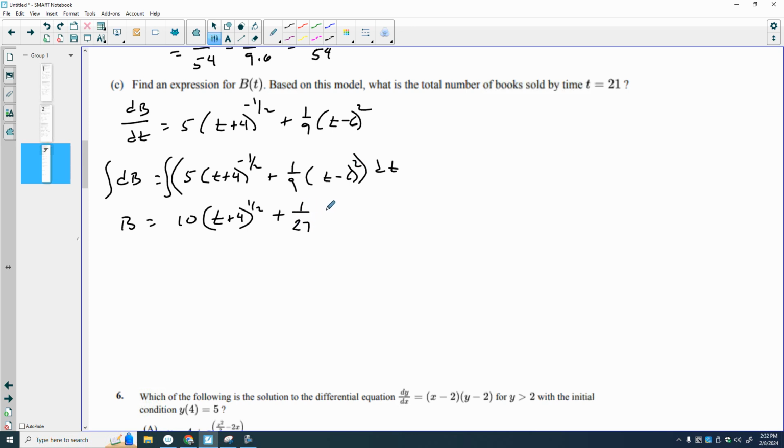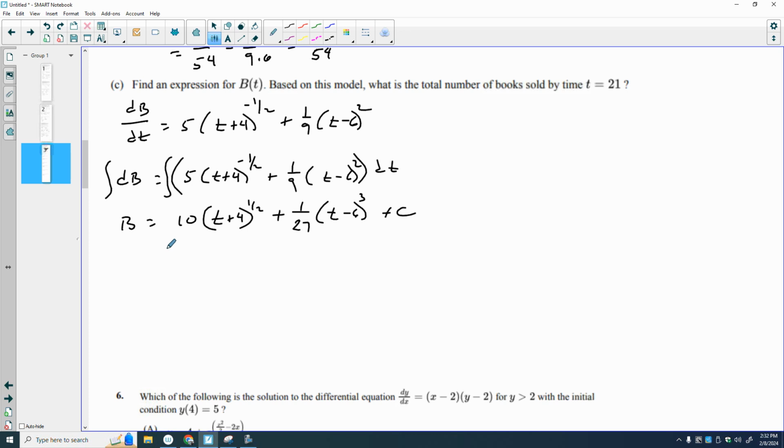Dividing by 3 is multiplying by a third. Leave the inside function alone. Raise the exponent to a 3. Like we said in class, that seems like that's cheating, but it really is okay because the derivative of my inside function is just a 1. That works. Had this been a t squared or something else, I'd have had to do some modifications and it wouldn't have worked. All right, plus c.